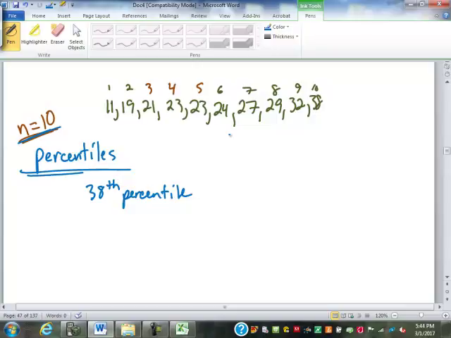That means that whatever item you're measuring, whether it's a test score, height, weight, income, whatever, what that is saying is 38% of all people that have been tested, so we're just going to say 38% of everybody, is less than you, is less than yours.